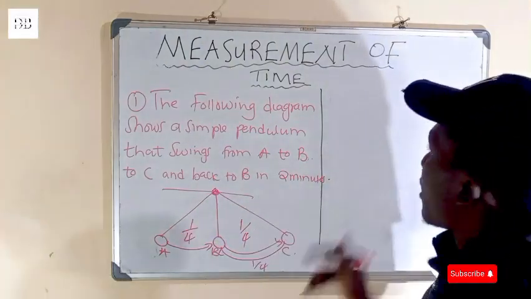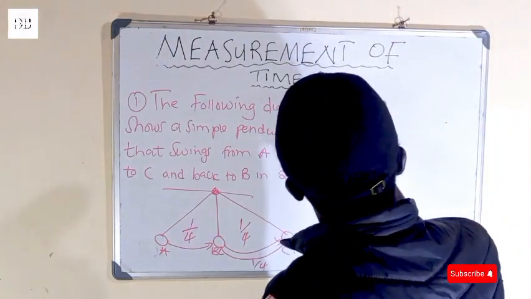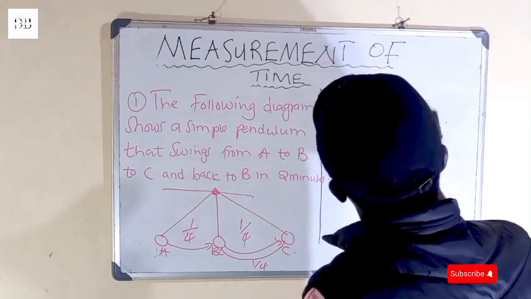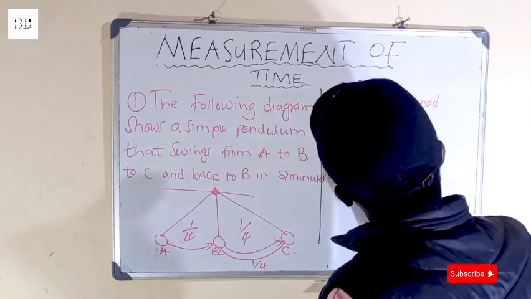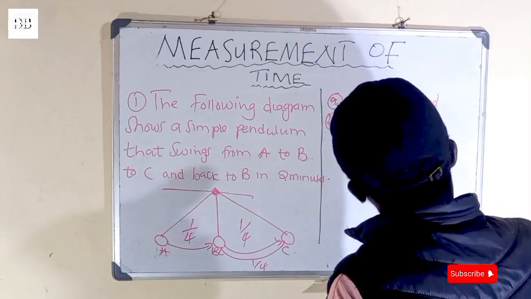Having been given this, the first question is saying find the period. Number 2 is saying find the frequency.